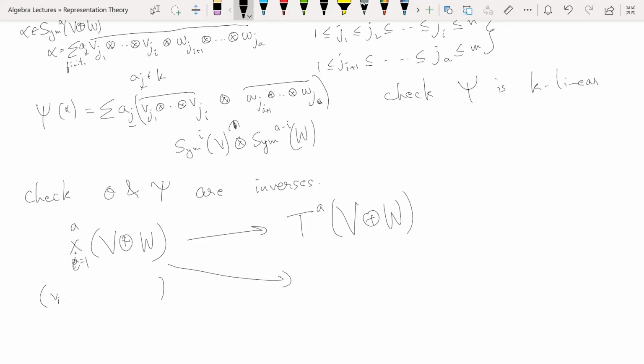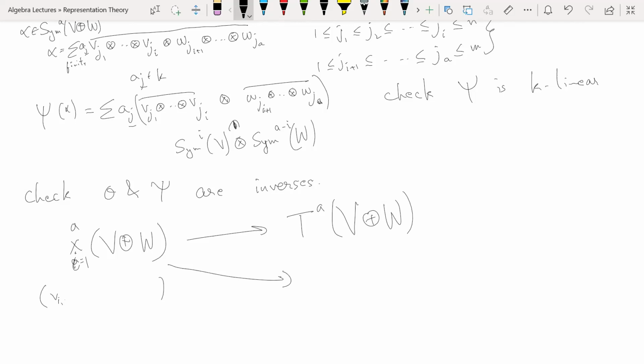So there are A copies of these. Roughly speaking, in the first i of them maybe only V comes, and in the remaining A minus i of them, the W comes.